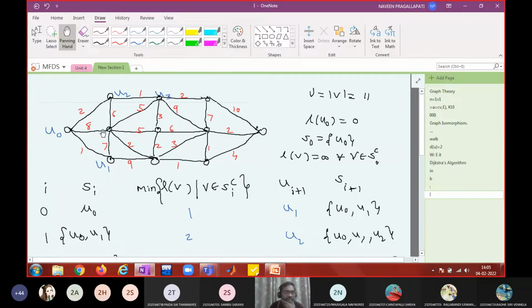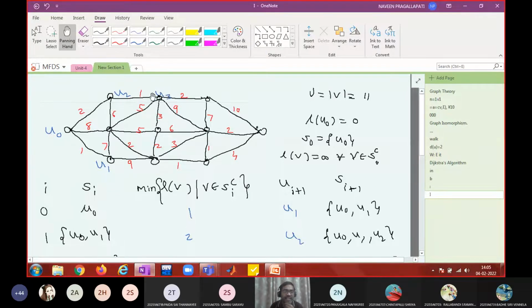If you take this node, what is the distance from this node to u0? 8. Can you see that? Yes, sir. Similarly, if you take this node, what could be the distance? 3 plus 1, 4. 4 plus 2 is 6. Along this way, it is 6, the shortest distance. But I don't need to compute all these things.